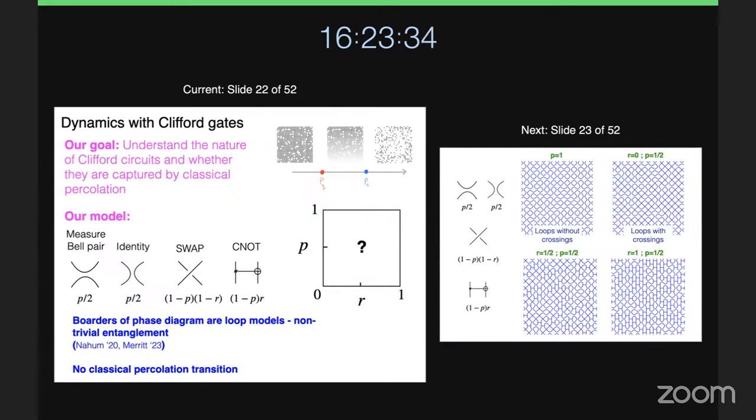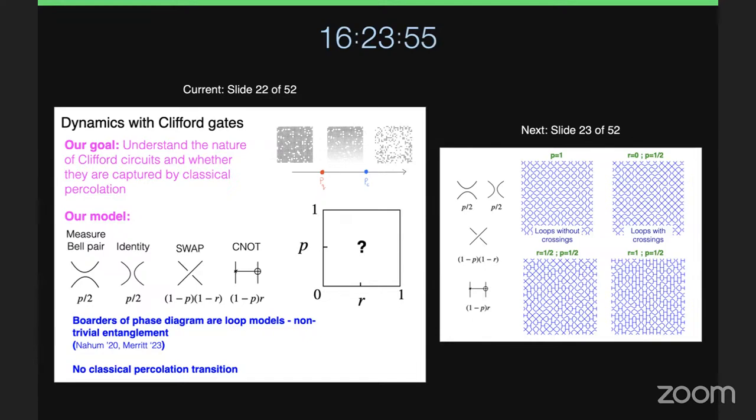So what we decided to look at is the following model. So it's a fine-tuned model of Clifford circuits. So general Clifford circuits have more moving parts. We took a very unique subset, but I'll explain in a moment why.